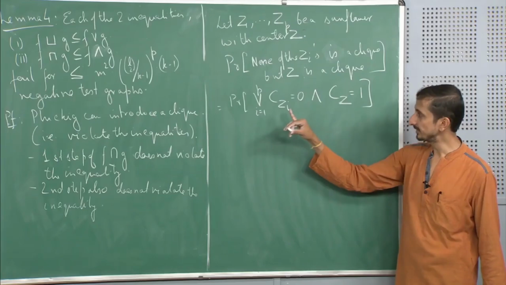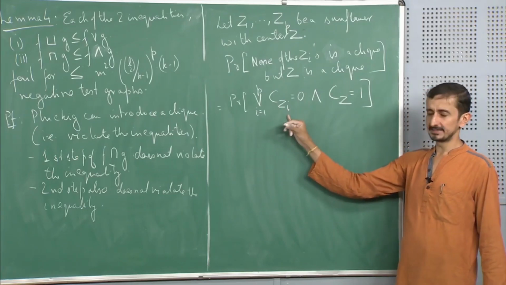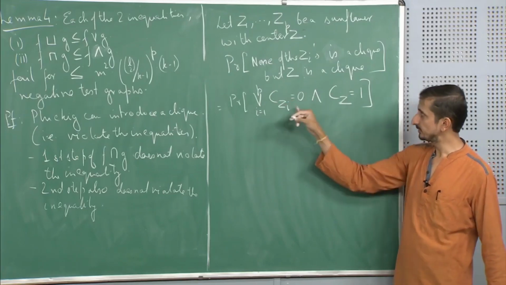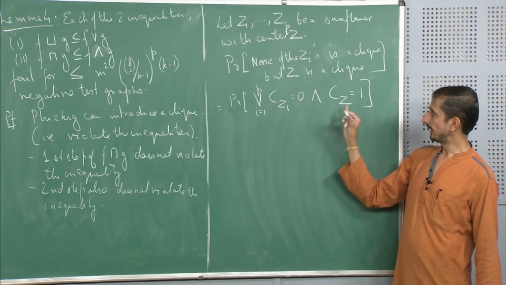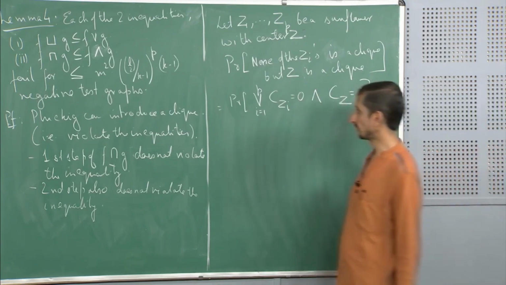So this OR is 0 if each and every CZi is 0, that is, each and every Zi is not a clique, and this is 1.